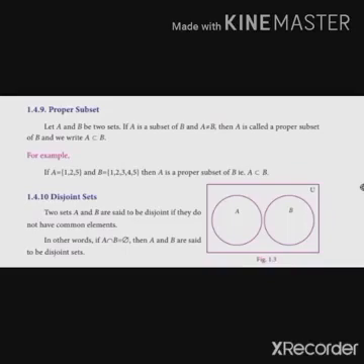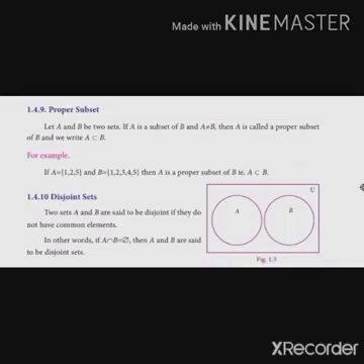Then disjoint sets. Two sets A and B are said to be disjoint if they do not have common elements. In other words, there is no common part, meaning A intersection B is the null set. Then A and B are said to be disjoint sets.